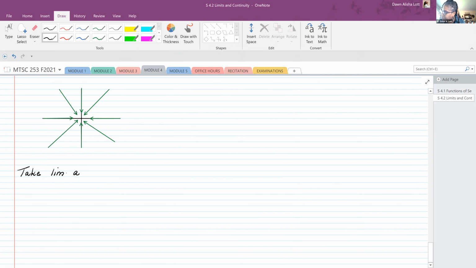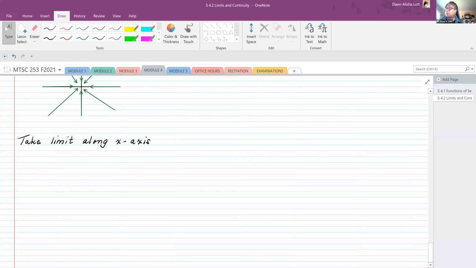So let's take the limit along the x-axis. When I take the limit along the x-axis, that assumes y is always 0.